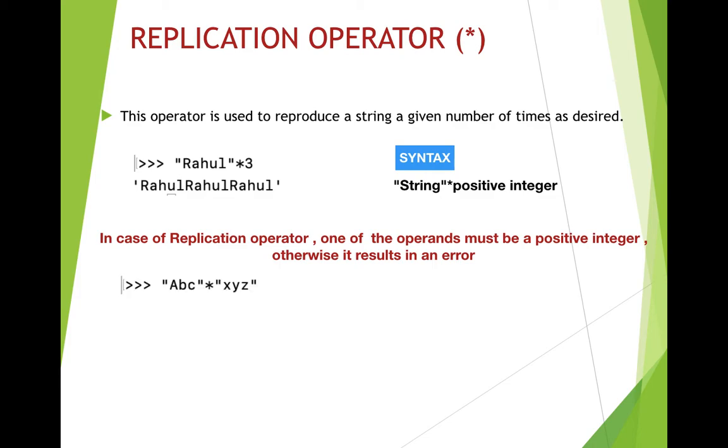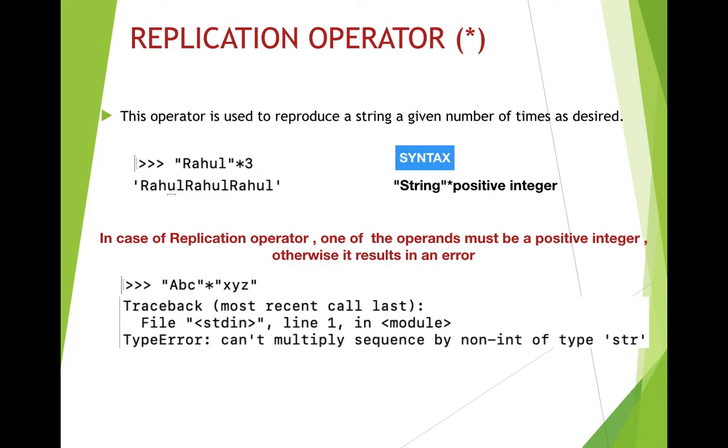So if I write 'ABC' into 'xyz', both are strings, and I am using the replication operator here, so it will result in an error. The error says 'can't multiply sequence by non-int of type str'. That means one of the operands must be a positive integer here.